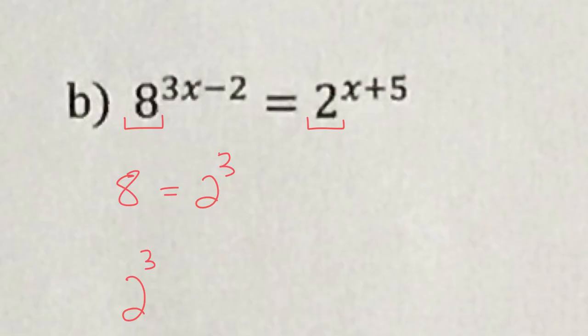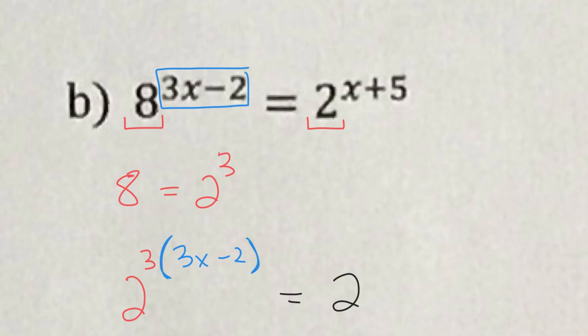Now, what else was up there in my power already? 3x minus 2. So whatever is up there already becomes parenthesized, and you multiply it by the power that you just created so that our bases are now the same.